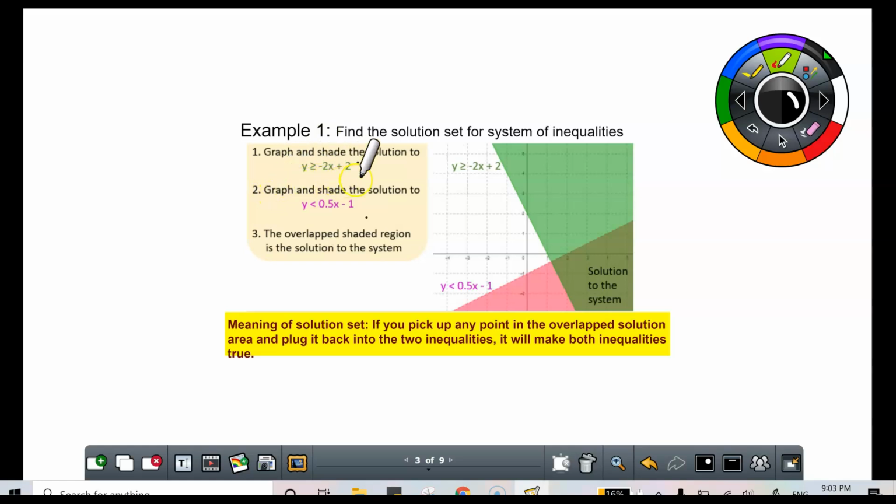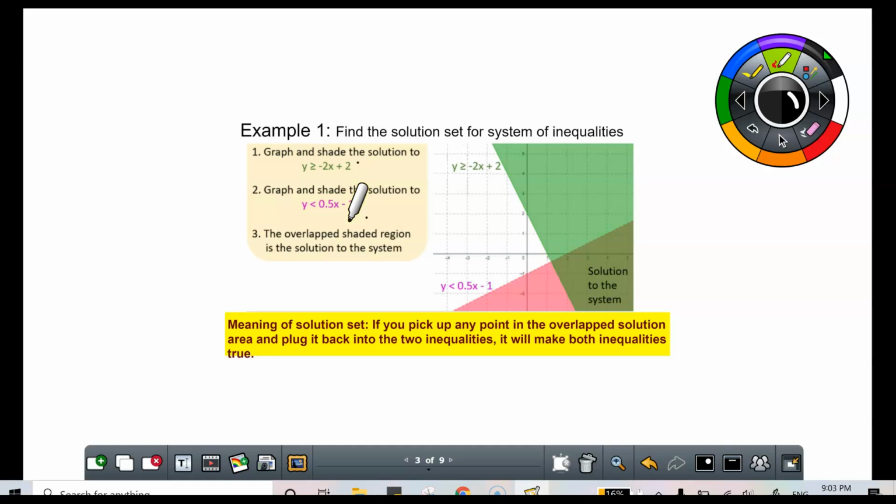Second, graph and shade the second inequality. And then the overlapping shaded area is your solution area. Okay? And what does the solution set mean? It means if you pick any point in the overlapping shaded solution area and plug it back into both of the inequalities, it will make both of them true.